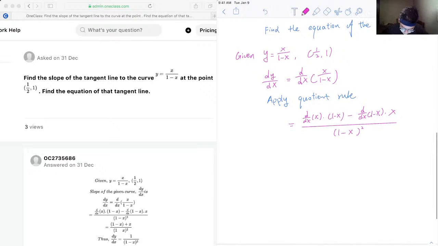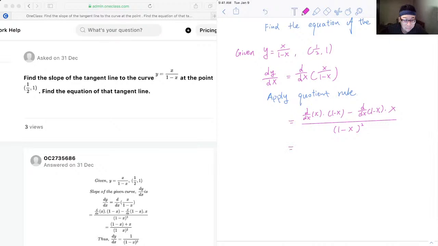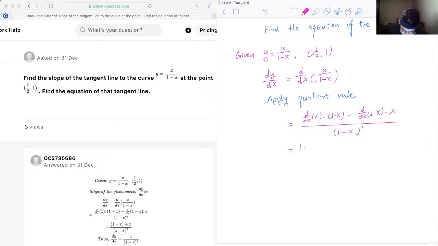The derivative of x is just 1, so that becomes 1 times 1 minus x, minus the derivative of 1 minus x, which is negative 1, times x, over 1 minus x squared.